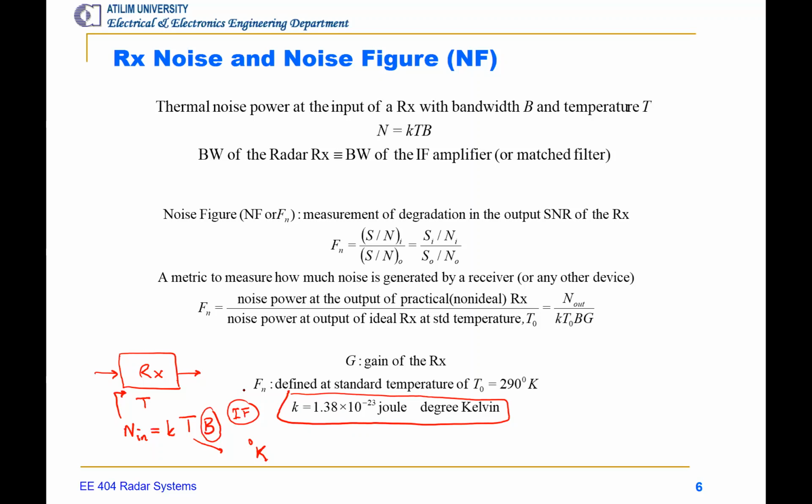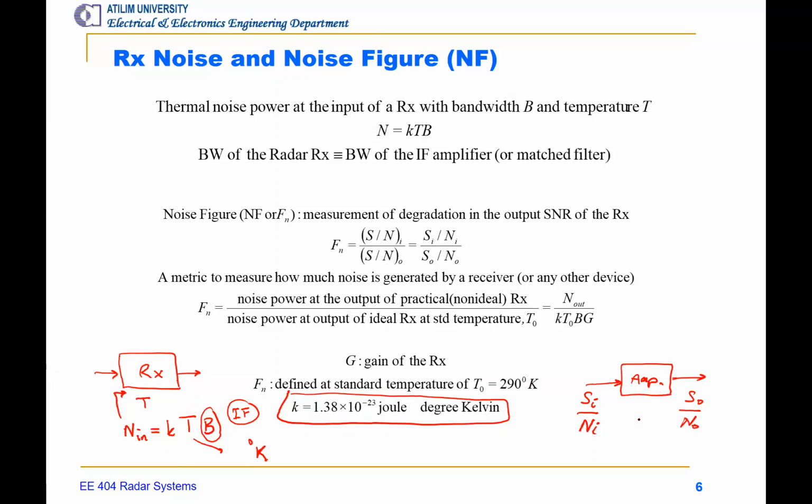Then we can define noise figure for such a system. So let's take this as a system, and we have an input and output. Suppose that this receiver includes a simple amplifier, for example. If we model it as an amplifier, we have an input signal to noise ratio and an output signal to noise ratio.